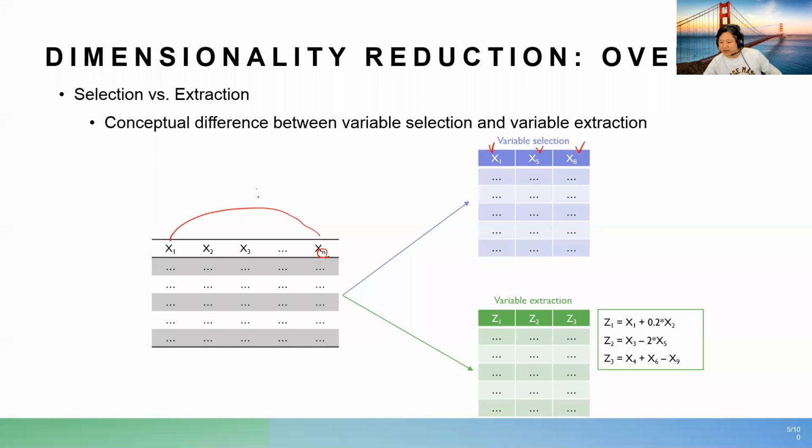Out of n variables, we selected 3 variables. This is a typical regression approach. When you learn about regression analysis, the backward selection method, forward selection method, or stepwise selection method, they are all variable selection approaches.